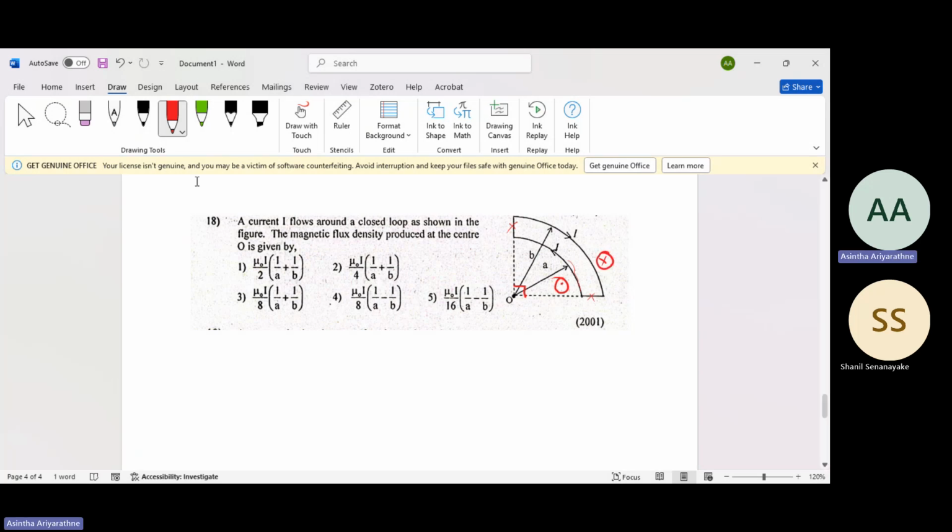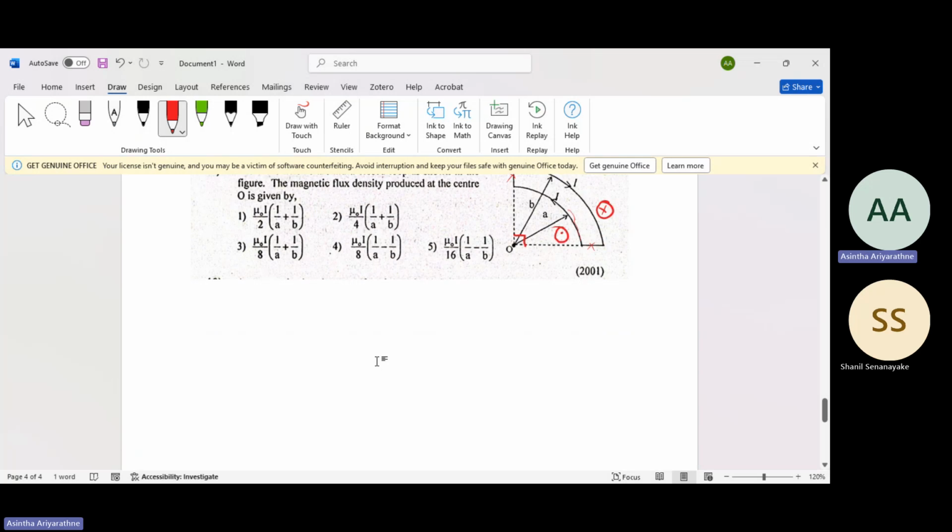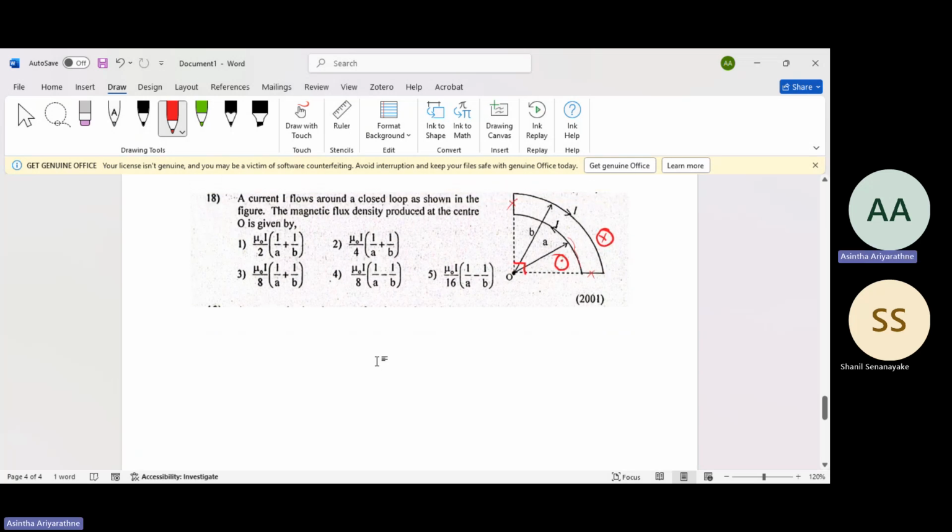So we have to get the difference to find the total magnetic field. Total magnetic field at the center is the magnetic field due to the letter A plus B.